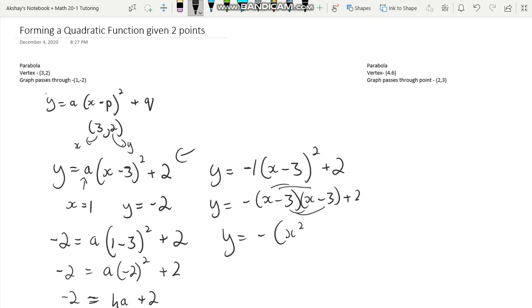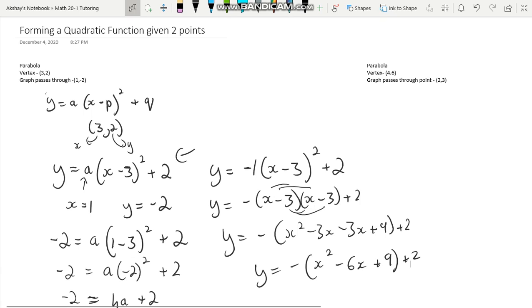So I would have x squared minus 3x, minus 3x plus 9, plus my 2. Now I have my x squared minus my 6x plus my 9 plus my 2.